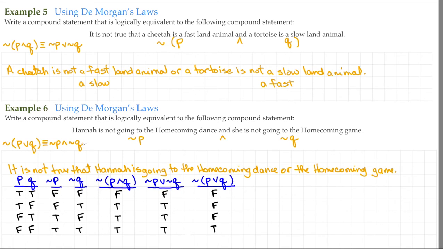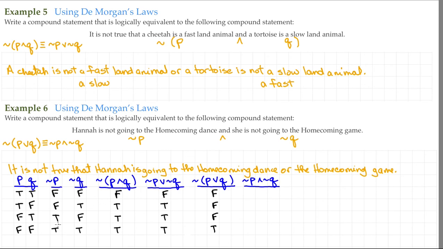We'll then do not P and not Q. This is a conjunction. Not P has to be true, and not Q has to be true for the entire compound statement to be true.